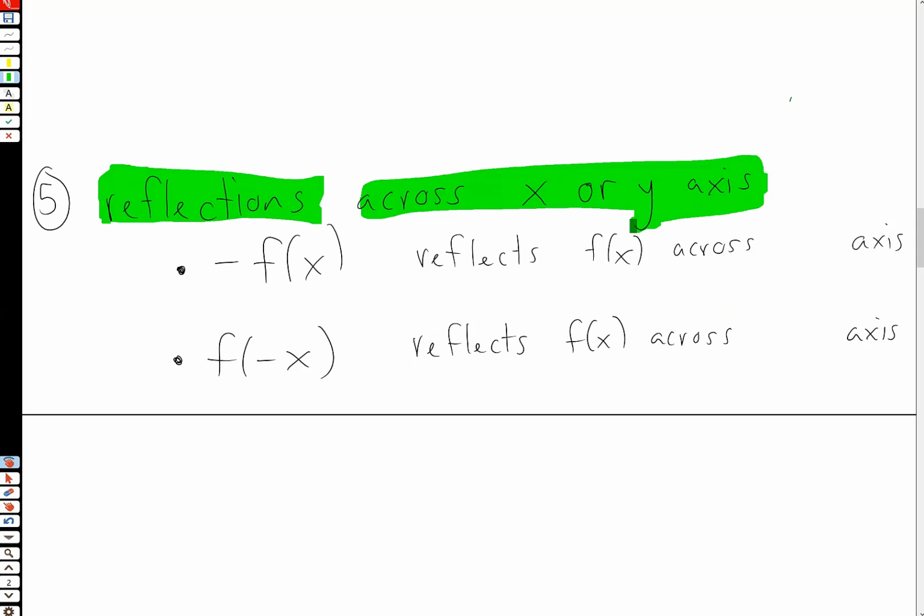If we multiply the outside of the function by a -1, this reflects f of x across the x-axis. If you multiply your input by a -1, this reflects f of x across the y-axis. Let's see this in action.